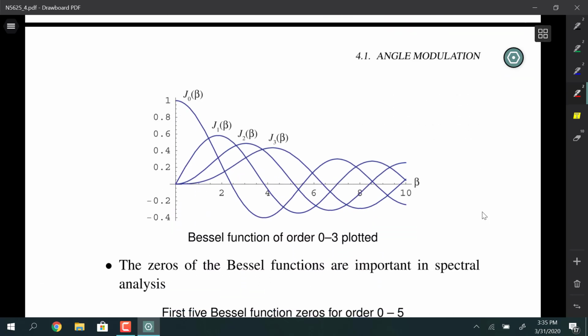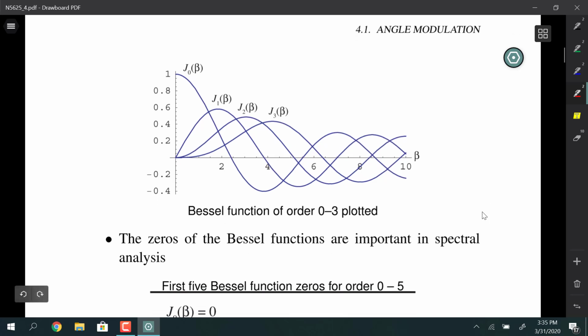The functions plot out looking like this as index beta changes, and the zeros of the Bessel functions, which are points here where they cross through 0, those end up being important in spectral analysis. And we'll see how that works out.